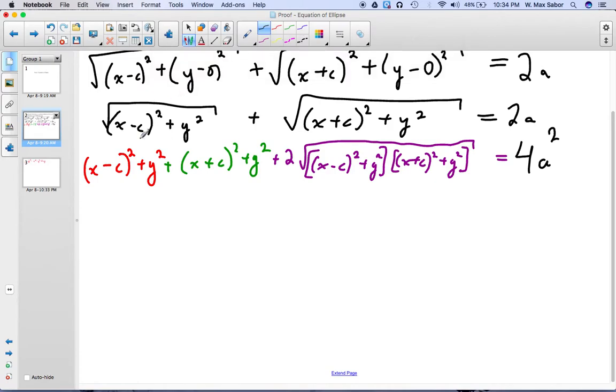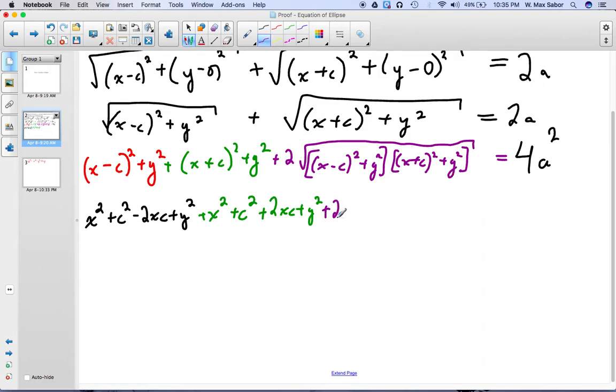Now, if we simplify all these (x minus c) squareds and (x plus c) squareds, what that's going to turn into is x squared plus c squared minus 2xc plus y squared. The next piece is x squared plus c squared plus 2xc plus y squared.